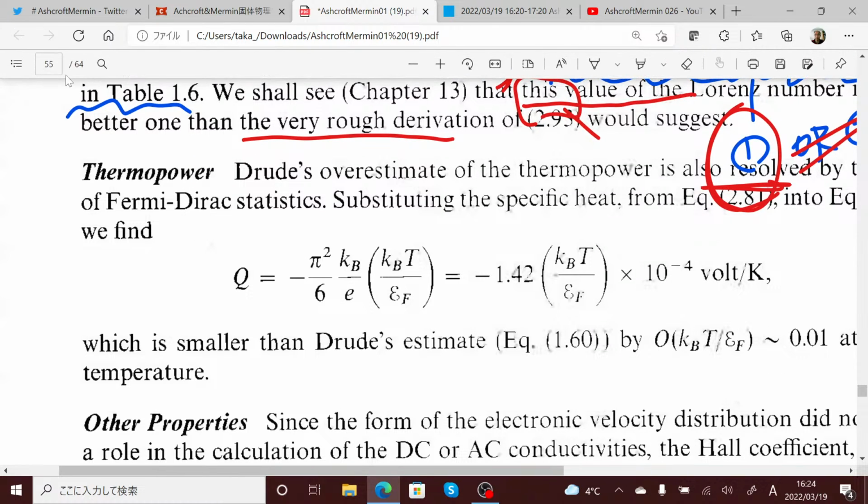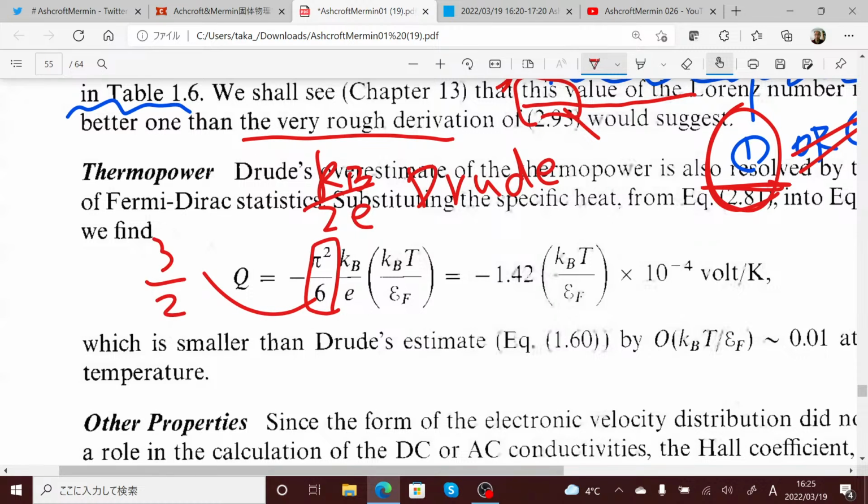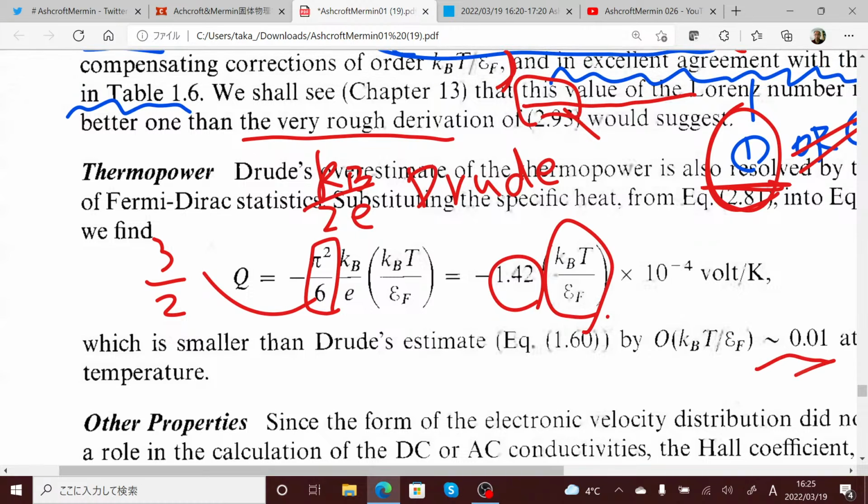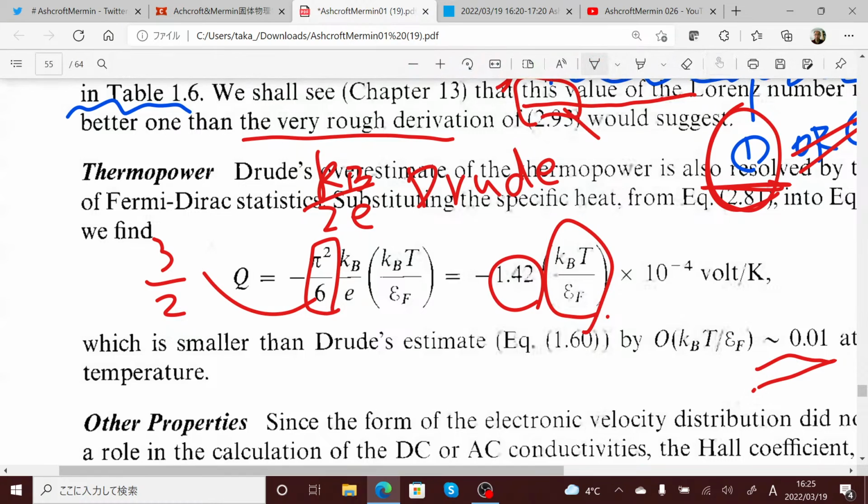So what he found is this: this is Drude's value, k_B divided by 2e. But this value is more like 3/2, so this is 3 times Drude's, times this factor, which is 0.01.